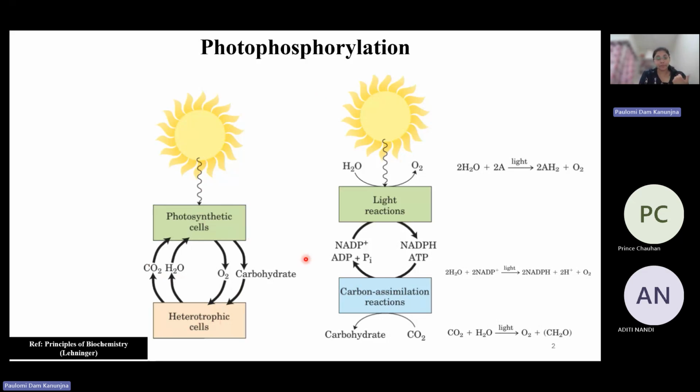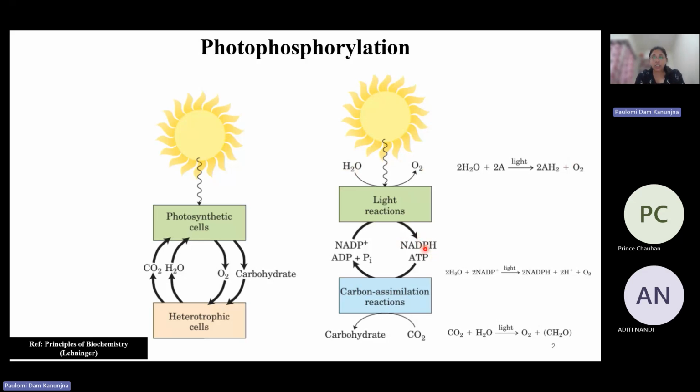So if you go into the details of what happens exactly in photosynthetic cells, there are two parts of photosynthesis: light reactions and carbon assimilation. Light reaction builds up the energy currency. How? By splitting the water. The solar energy is used in the splitting of water, which is given by something called Hill's reaction. So you have a splitting of water by driving the energy, and in the meanwhile we'll see how electrons get transferred, and ultimately you have the formation of NADPH, right?